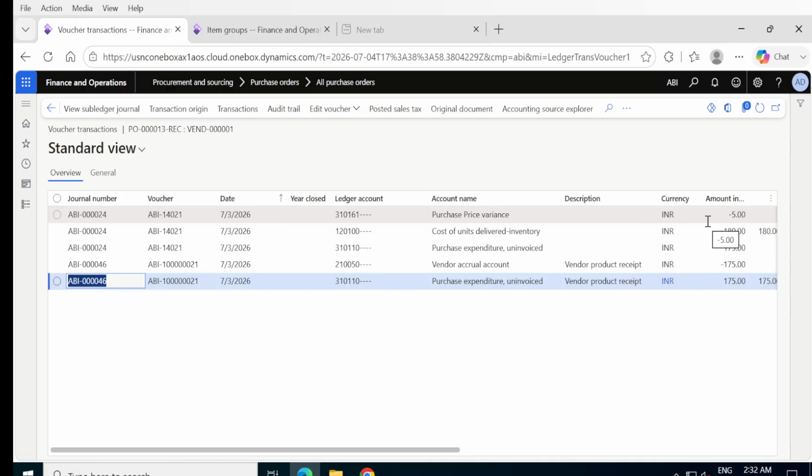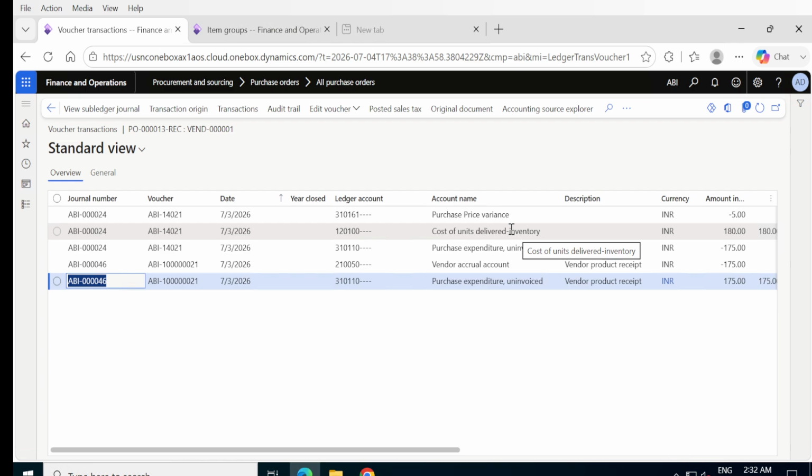So why did this account get posted? Because there are two sides to a transaction. What are the two sides? One is that my goods are coming in. Here, goods are coming in. This is my inventory, and it is an asset, and when I want to increase the asset, I have to debit it.